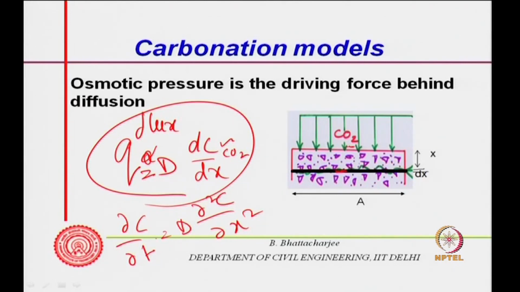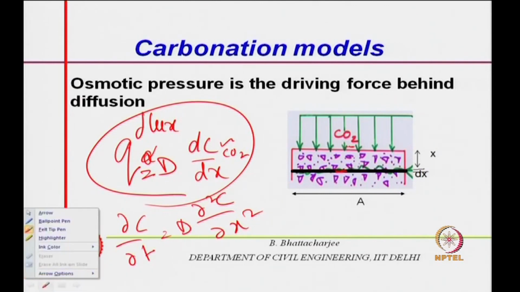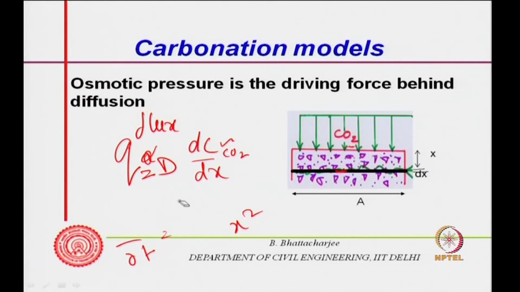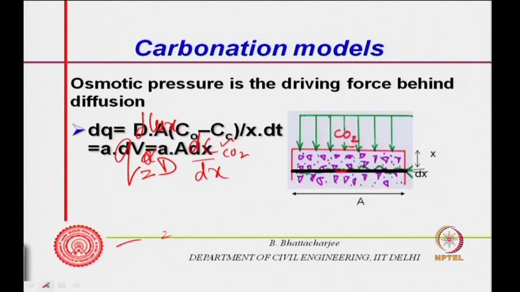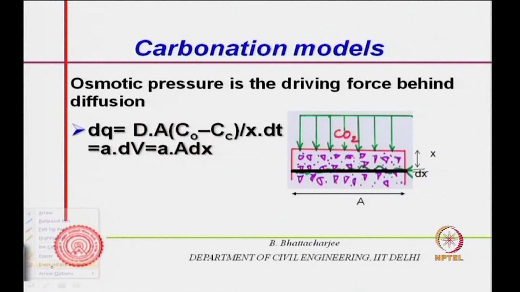So, this is the second equation, but right now we are not interested in this one, we are only interested in this: the flux is proportional to the concentration gradient.